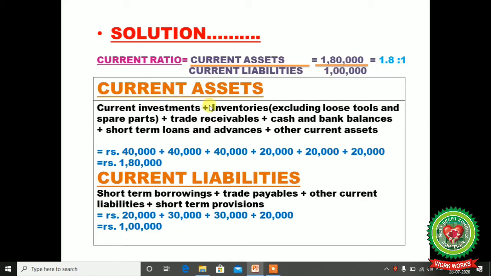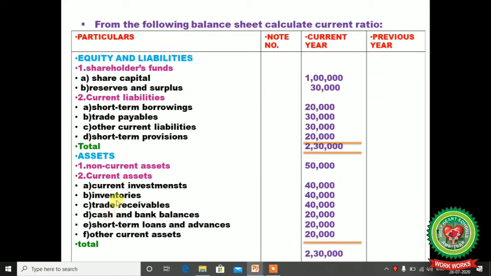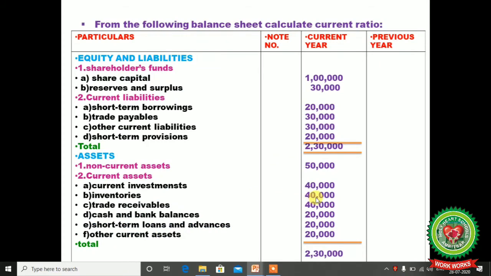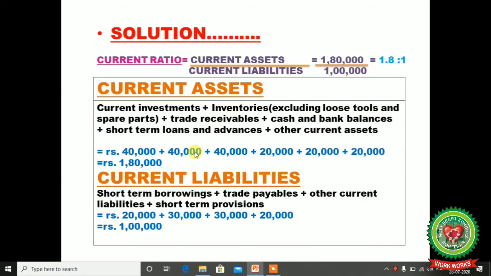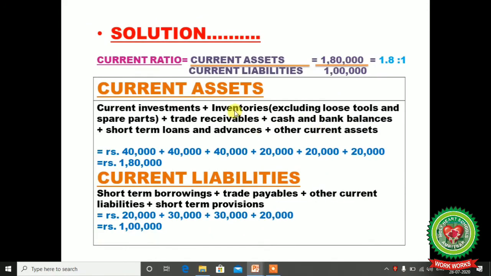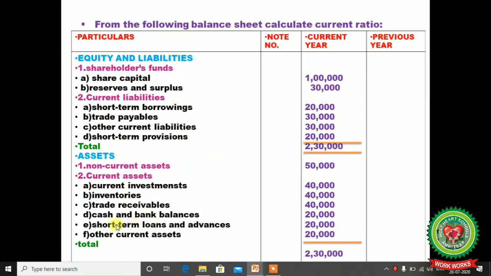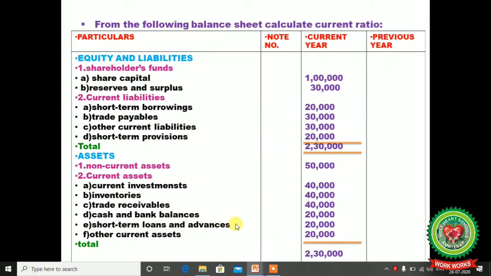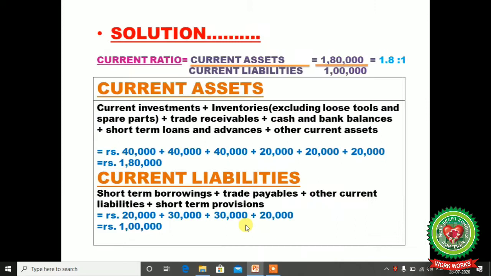So first of all, current assets. Number 1, current investment 40,000. Record it right here, 40,000. Then inventories 40,000. Next, trade receivable, again 40,000. Then cash and bank balance 20,000, record cash and bank balance 20,000, and after this record short-term loans and advances, which come under current assets.